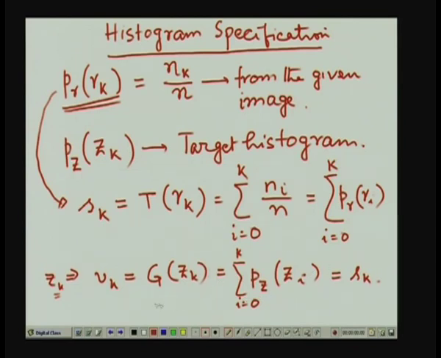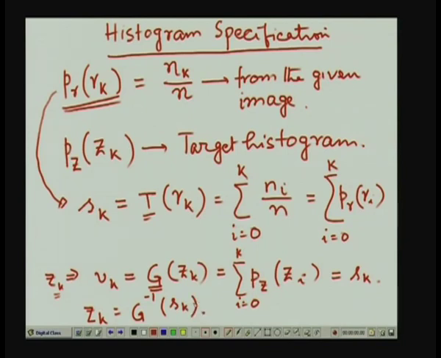To get the intensity value Zk in the processed image, we have to take the inverse transformation, but in this case it is taken not with respect to T, but with respect to G. So, our Zk will be equal to G inverse of Sk.